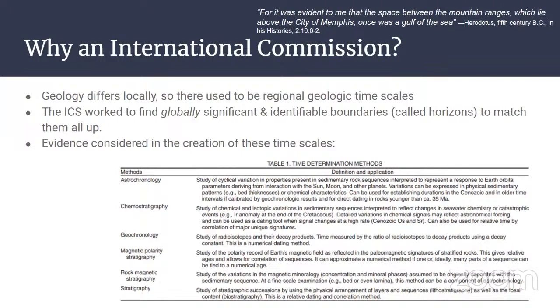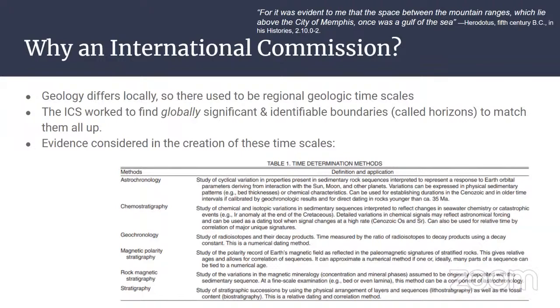But the reason they made the International Commission was so that we could equate everything evenly, so that we could start to study these periods across the globe as opposed to just in one singular place. So this is based on significant and identifiable boundaries that you can see everywhere, or that you can see globally overall.